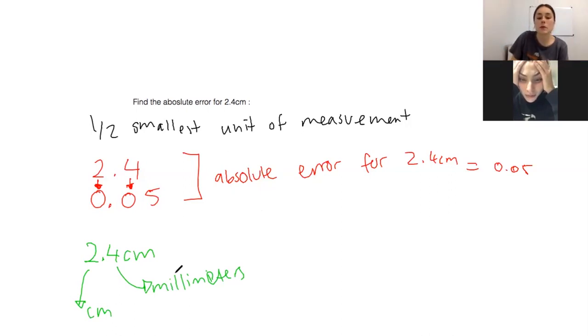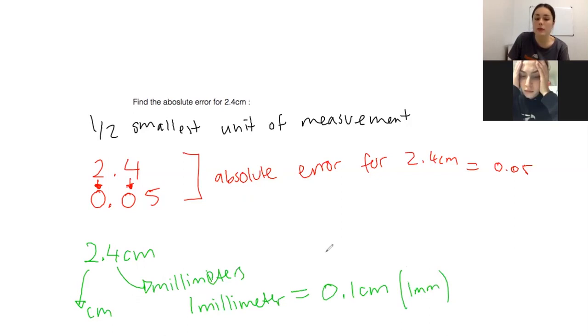And so the smallest unit of measurement for 2.4 centimeters is 1 millimeter. 1 millimeter in terms of centimeters equals 0.1 centimeters. So you can just do 0.1 times half, and if you put that into your calculator, it will give you 0.05.